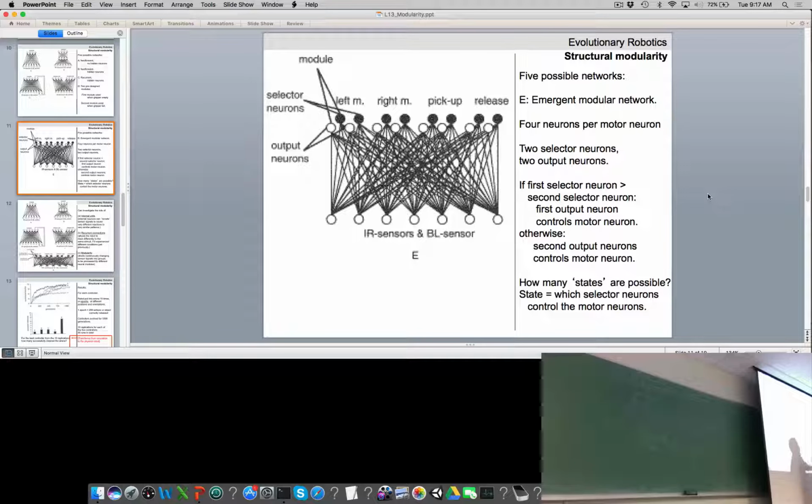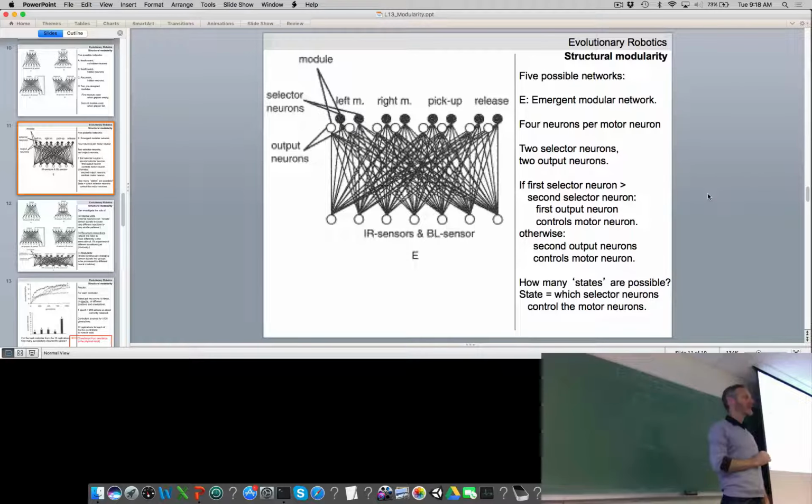So let's say state 0 is left is greater than right, left is greater than right, left is greater than right, and left is greater than right. State 1 is left is higher, left is higher, left is higher, and now right is higher. That's state 1. We've now switched to a different state. Suddenly there's a different part of the network that's controlling the release behavior.